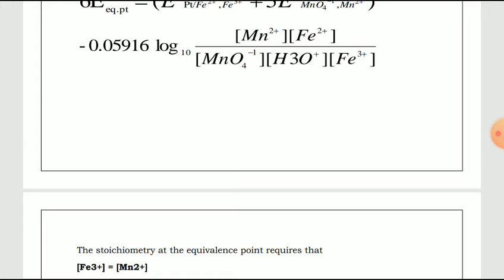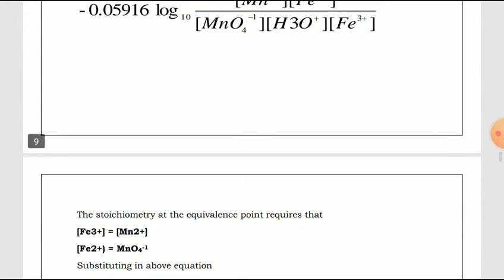Because in the conical flask or beaker we have taken 10 ml of the ferrous solution, and when we add 10 ml from the burette, that is permanganate solution, into the conical flask or beaker, at that time the Fe3 plus ions and Mn2 plus ions will be the same. That's why the stoichiometry occurs, and Fe2 plus is equal to permanganate ion. This is the stoichiometry of all these 4 ions.